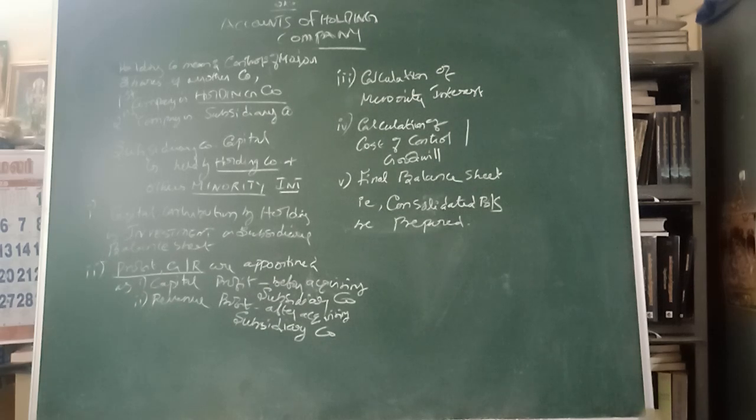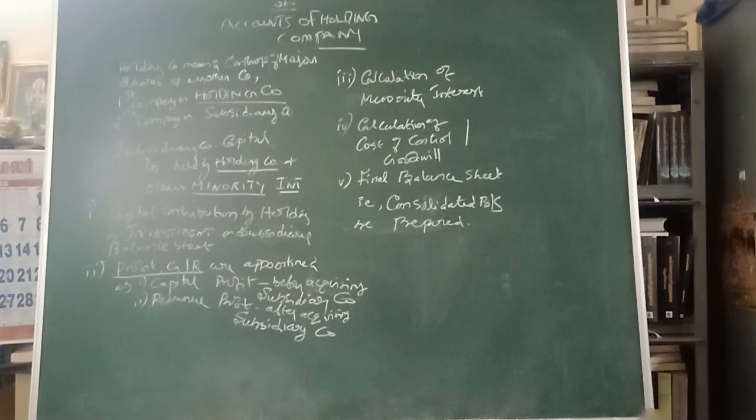If it is an unfavorable balance, that is, I invested 1 lakh rupees, but the amount of shares and profits goes to 1 lakh 20,000, then it should be taken as capital reserve. If it is goodwill, the amount should be shown as an asset in the asset side of the new balance sheet. If it is unfavorable balance, the amount should be taken as capital reserve in the liability side of the balance sheet.